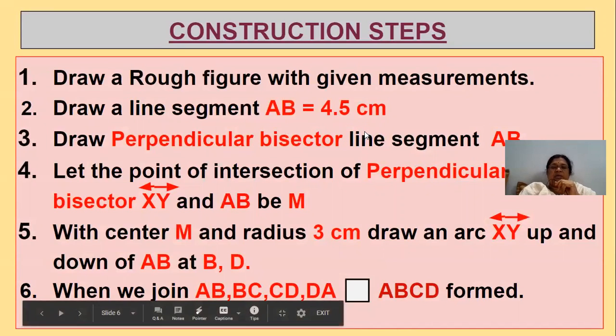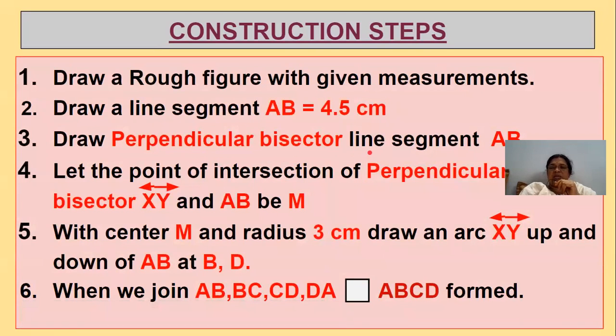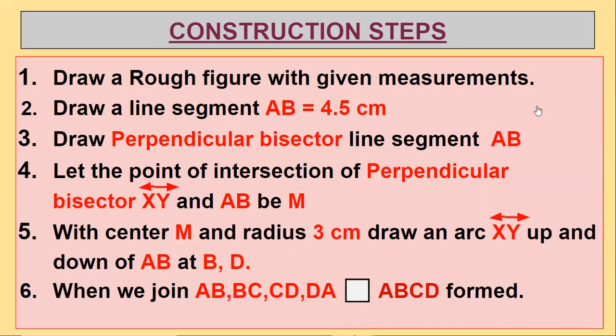And next, draw a perpendicular bisector. This perpendicular bisector is for the line segment AB. So you have to draw a perpendicular bisector for AB.